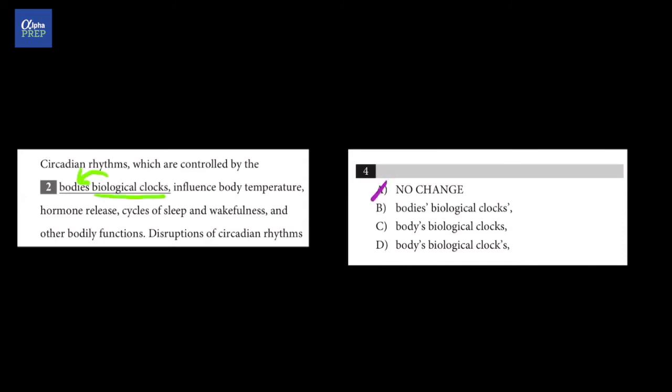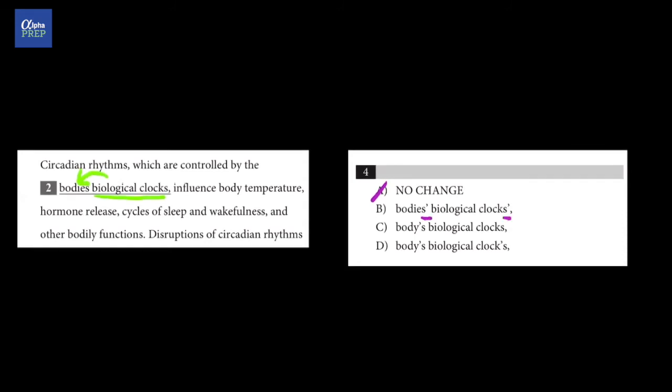So now let's look at the other answer choices. Notice in B and C, we have two apostrophes, right? We've got this one right here and this one right here. It seems that clocks possess something, and what do clocks possess? Presumably influence? Clocks possess influence body temperature?